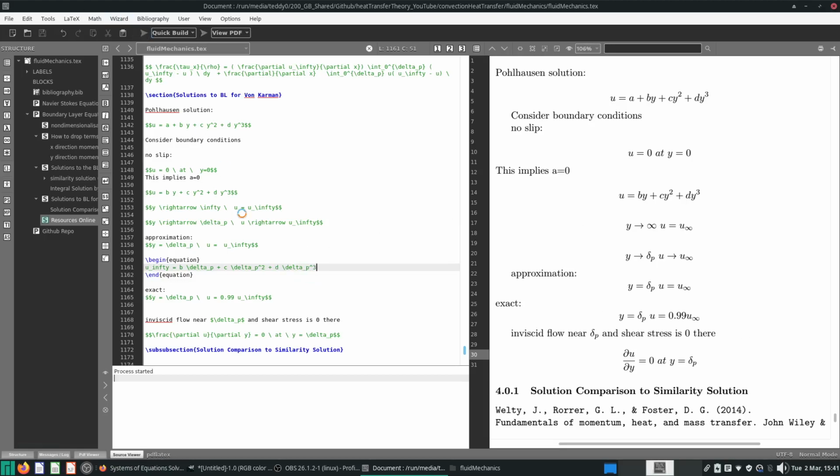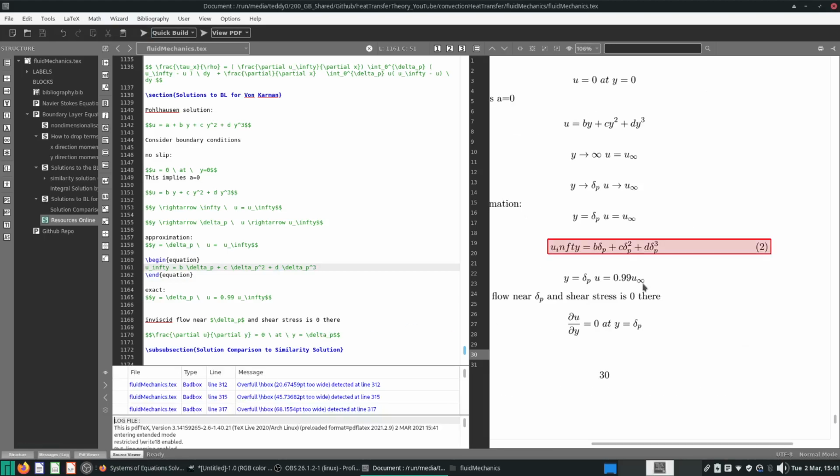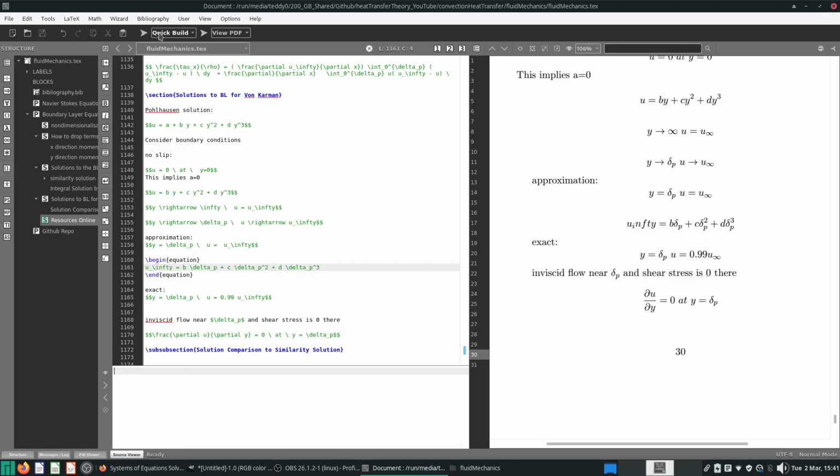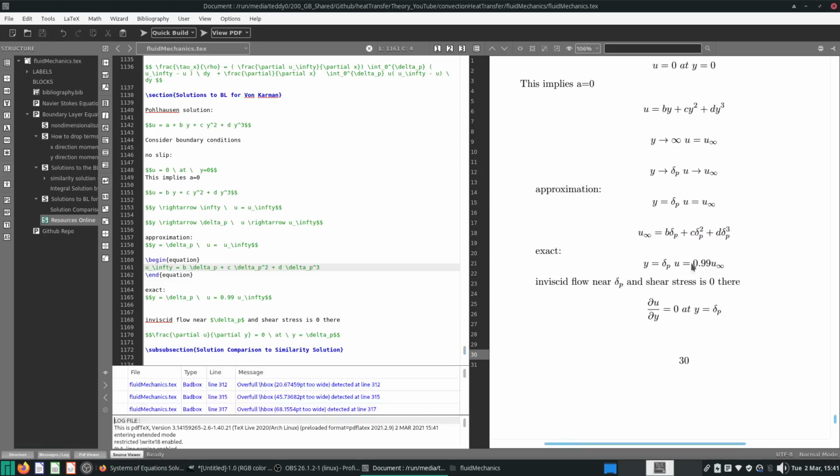This is just the velocity boundary condition. This is what it should look like. And of course, if you have your 0.99 u infinity substituted in here, you can imagine the solutions will look a bit different. 0.99 will be on the left hand side.